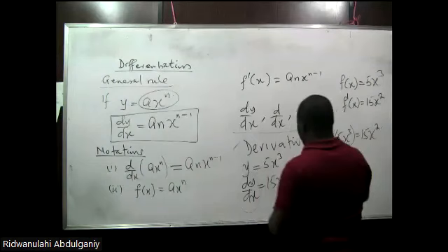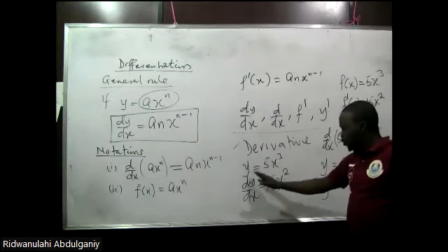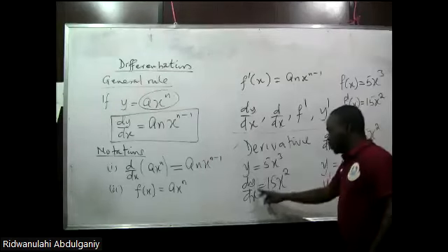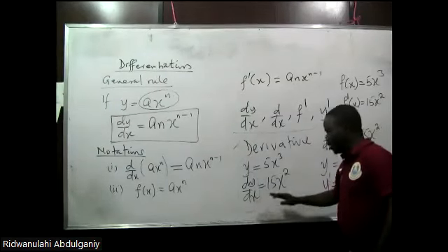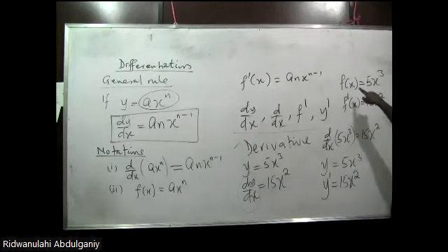So y equals 5x cubed. The notation that follows is dy/dx, which represents the change in variable y with respect to the change in variable x, equals 15x squared. This one, f of x equals 5x cubed.